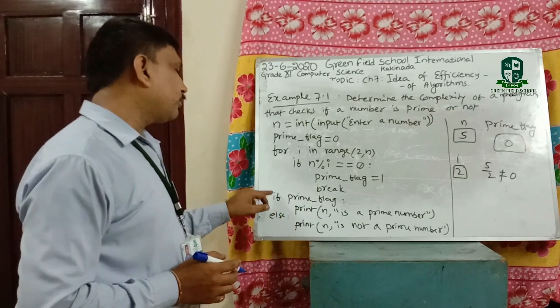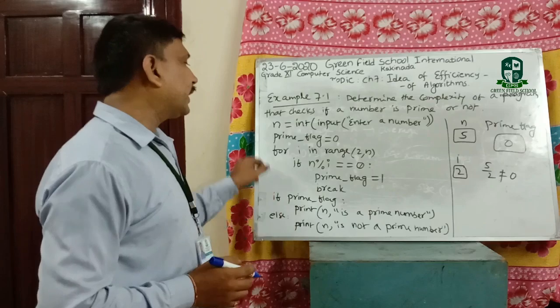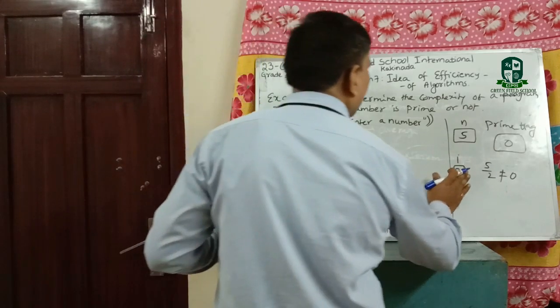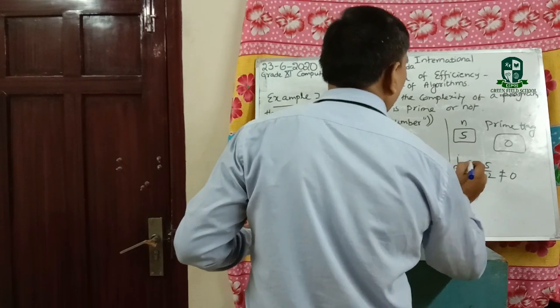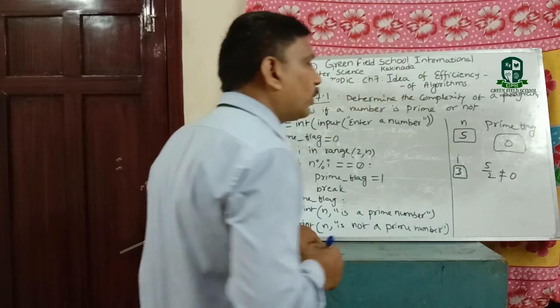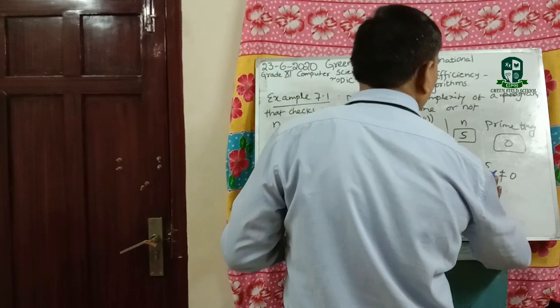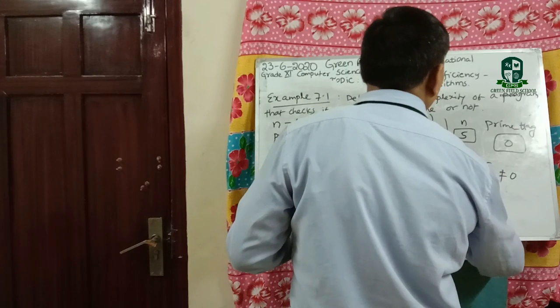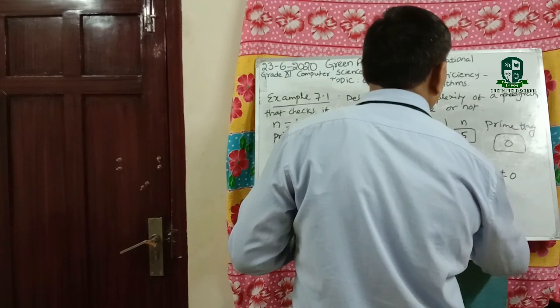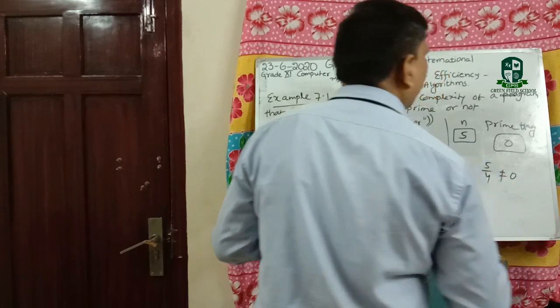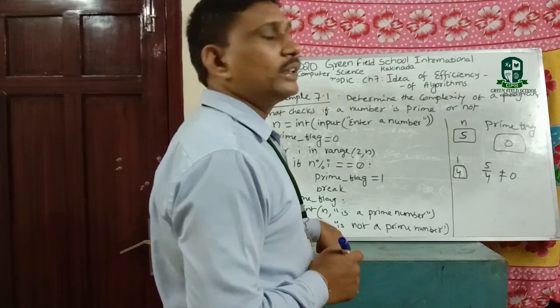Then, since the prime flag is not set to 1, we again divide with i equal to 3. This time also it does not divide 5. Then we consider 4. 5 divided by 4 has a remainder that is not 0.